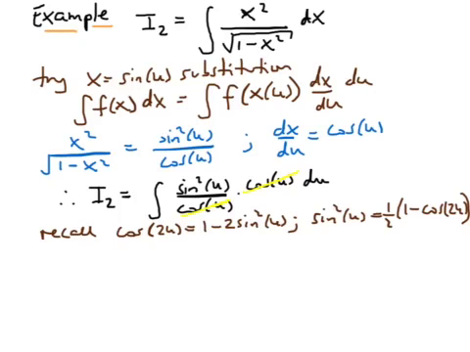So therefore what we have is that I2 is, now there's an overall factor of a half here multiplying everything, so let's pull it through the integral. So we have a half times the integral of 1 minus cos of 2u integrated with respect to u.